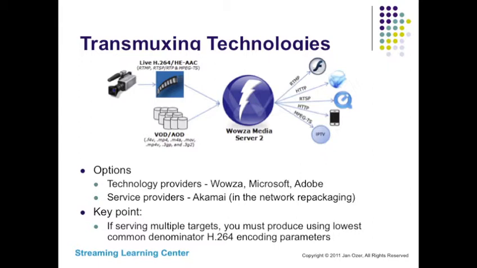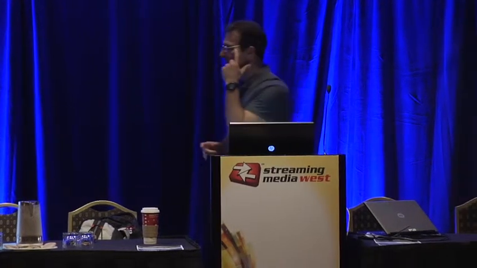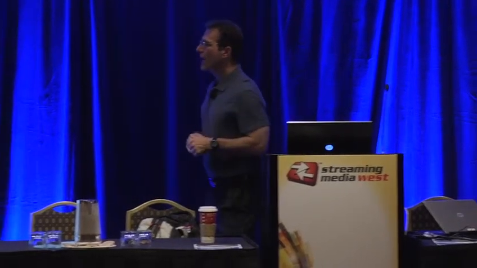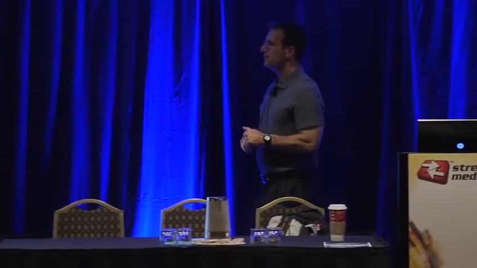Most live streaming service providers, a lot of them use the Wowza technology, but this is something that you absolutely need to have if you're starting out and saying, I want to do adaptive and I want to serve multiple targets.